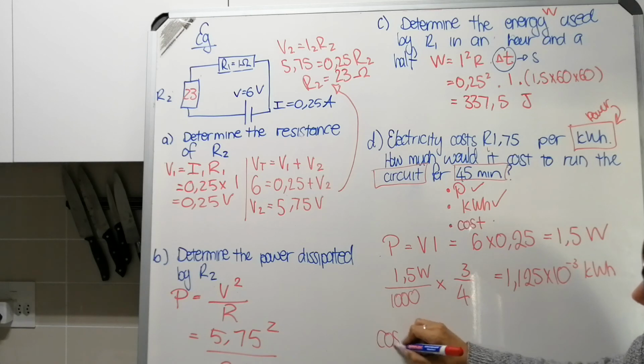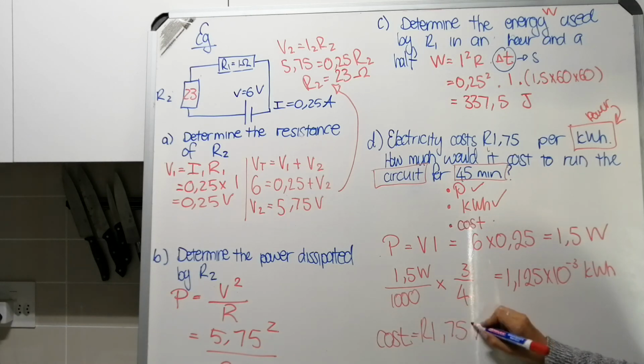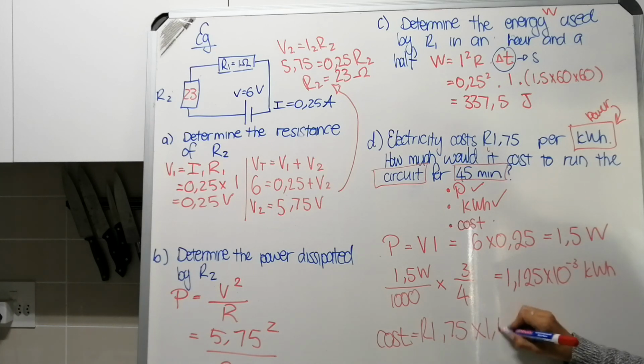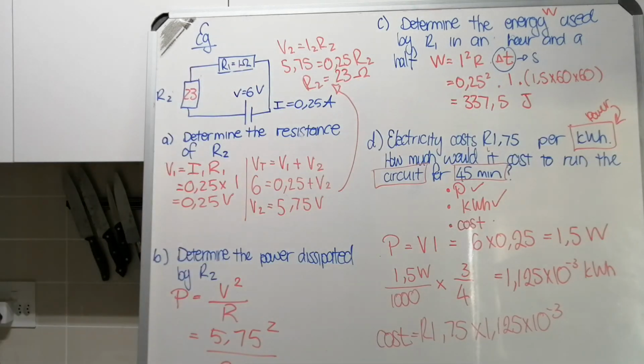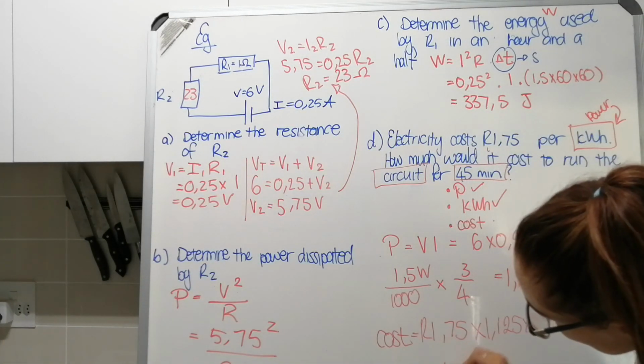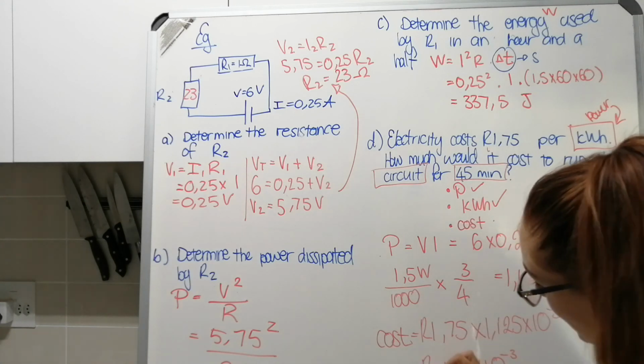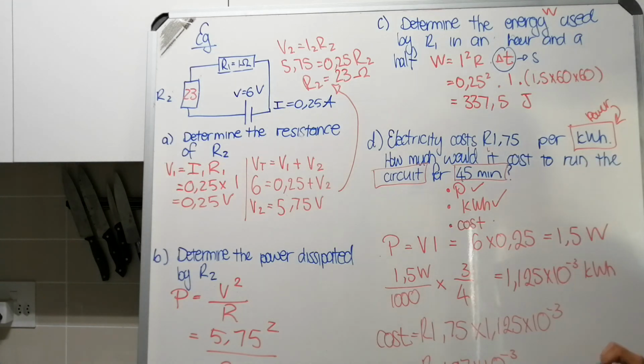So the total cost is going to equal R1.75 multiplied by 1.125 times 10 to the minus 3. And we get something very small, if I remember correctly. We get 1.97 times 10 to the minus 3 rands. Which is very small.